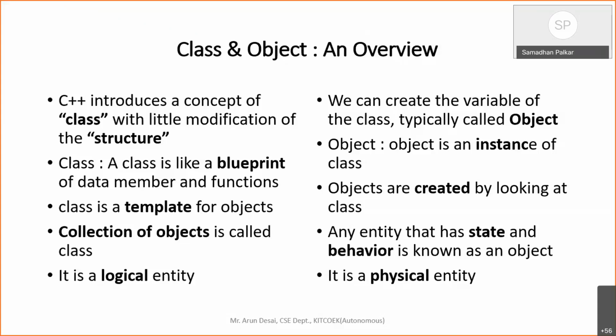That means an object gets physical existence because it requires memory, whereas we don't require memory in RAM for a class. For that reason, an object is called a physical entity, whereas a class is called a logical entity. So this is the overview of class and object.